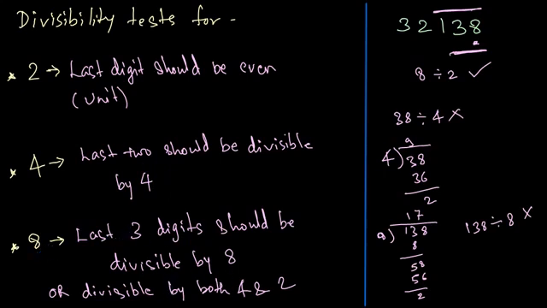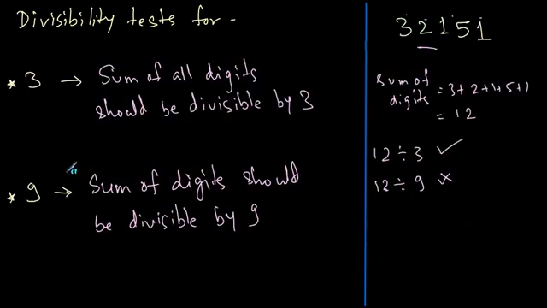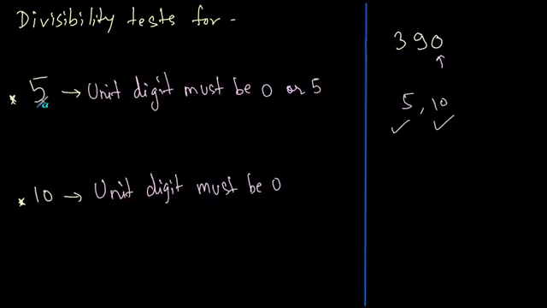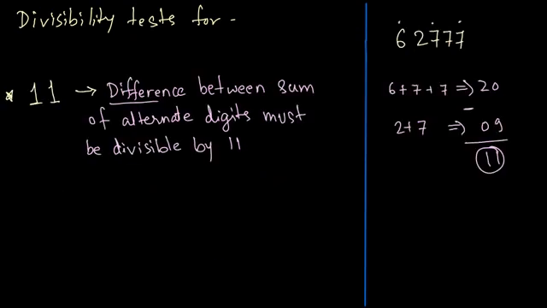In case of 8, the last 3 digits should be divisible by 8. In case of 3, we sum up all the digits of the number and see if it is divisible by 3 or not. For 9, again we sum up all the digits and see if it is divisible by 9 or not. For 5, the units digit must be 0 or 5. For 10, the units digit must be 0.